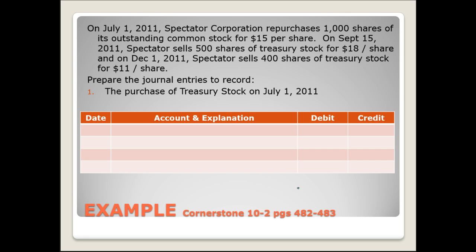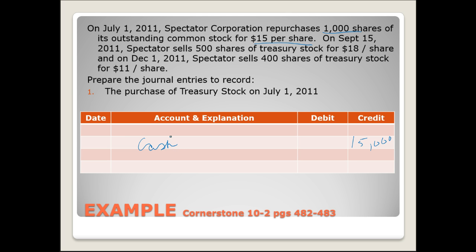Let's first look at the entry we would make to record the purchase of treasury stock on July 1st. So how many shares did they buy back on July 1st? Right, 1,000. And they purchased them for $15 a share. So we know that they must have used cash of $15 times 1,000 shares, or $15,000 credit to cash, right? In order to buy back shares, you do need cash.